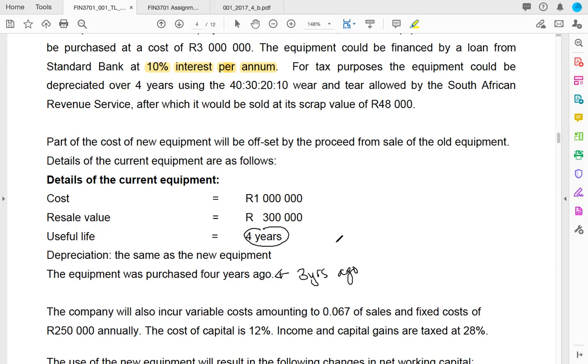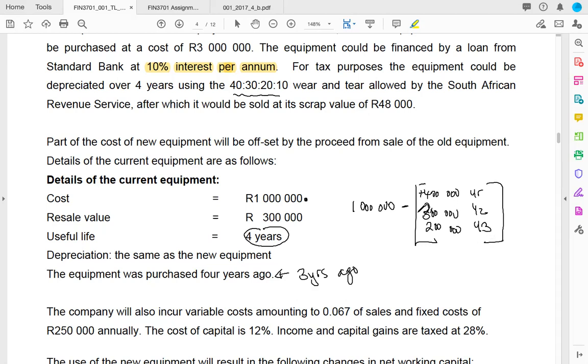That's when we would take the installed cost of the machine, which is 1 million, and subtract the depreciation for year 1, which is 40% of 1 million based on the schedule, the depreciation for year 2, which is 30% of 1 million, and the depreciation for year 3, which is 20% based on the schedule.